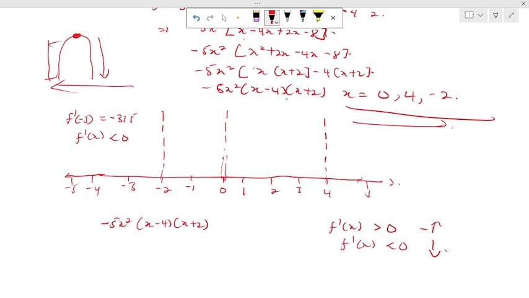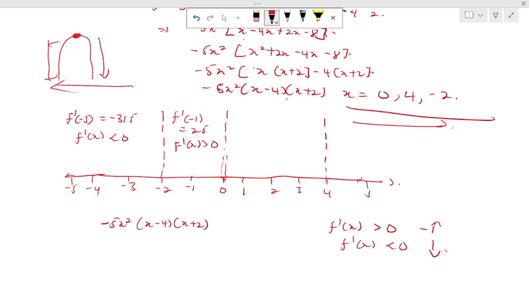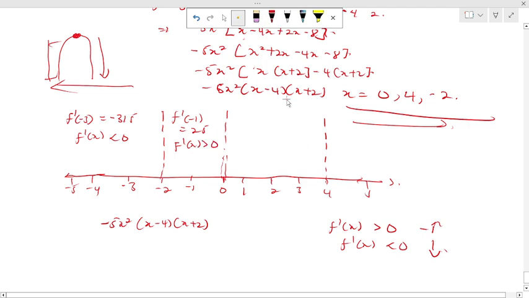Within this interval, other than negative 2 and other than 0, you can pick negative 1. So f prime of negative 1 should give us 25. And this is also f prime of x greater than 0. Now, this is our third interval, 0 is excluded, 4 is excluded. So you can select any number here. 1 is accepted. So f prime of 1 will give us 45.